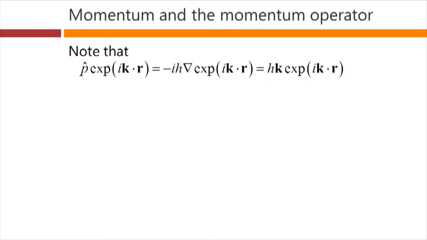And that i times the minus i we had here just gives us 1. So the effect of minus i h bar times the gradient on e to the i k dot r is to give us h bar k times e to the i k dot r. Now, so far, this is just a mathematical operation saying that if we operate with the momentum operator on this kind of plane wave spatial state, we're going to get h bar k times the same plane wave spatial state.